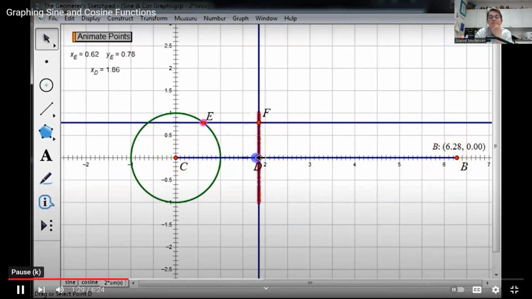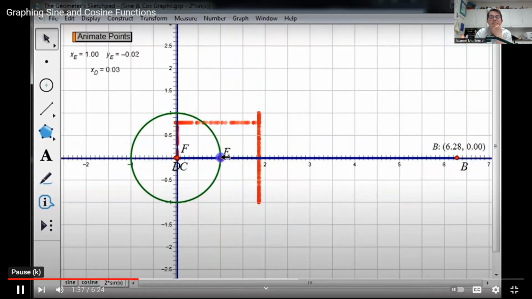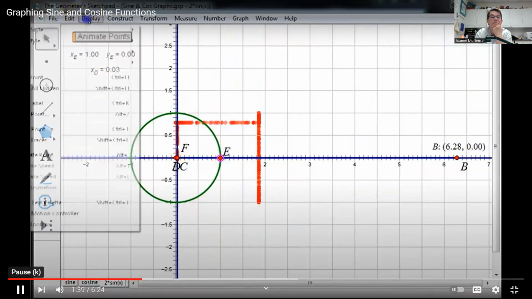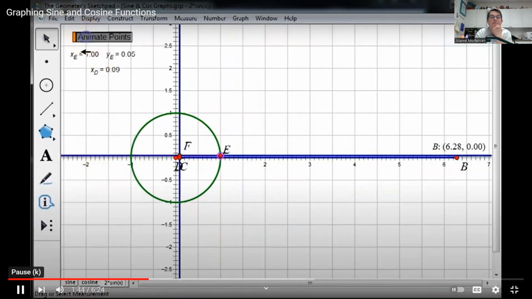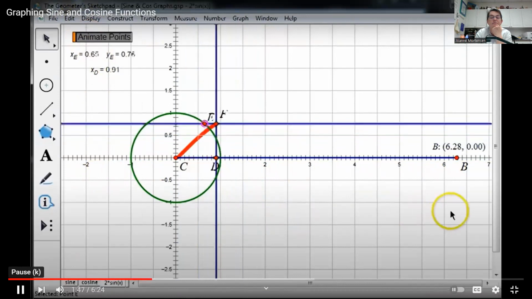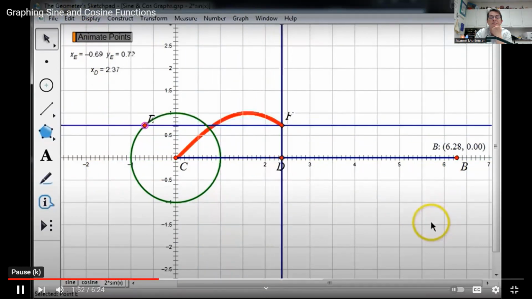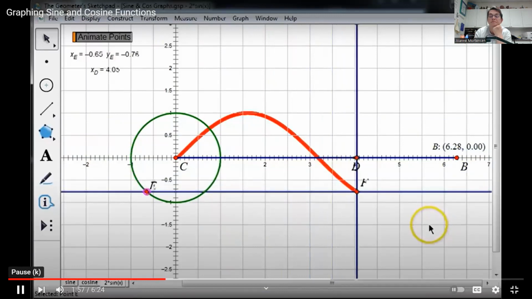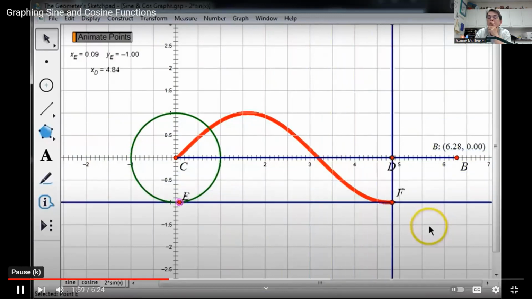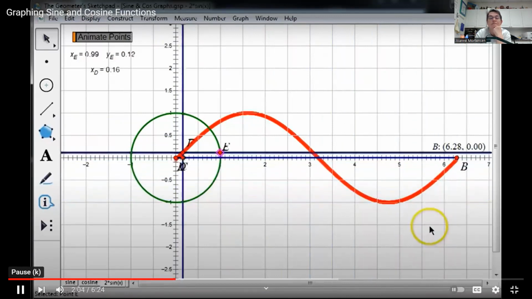So I'm going to bring point D over to the origin, put E at 0 radians, and erase the traces. We're going to animate point E and D. As that happens, point F is tracing out the y values of point E, which correspond to sine values, as it moves along the x-axis linked up to point D. And that is a sine curve.